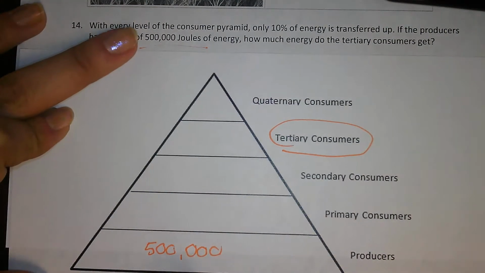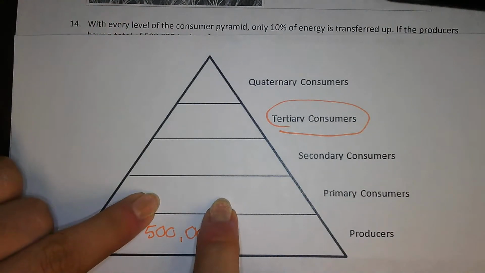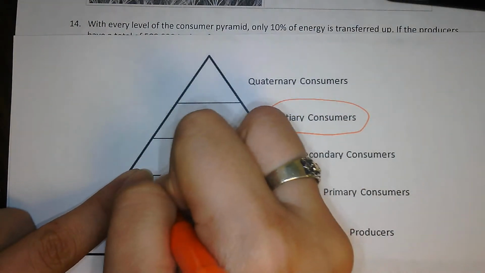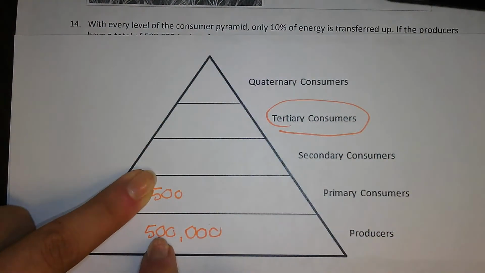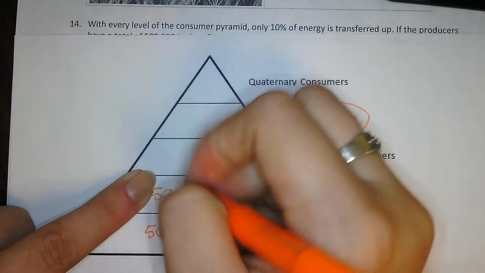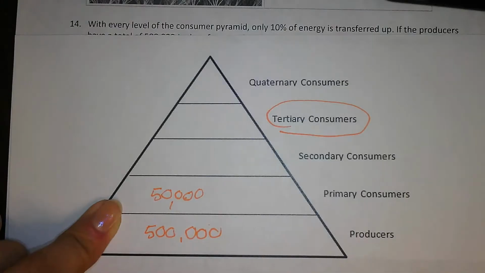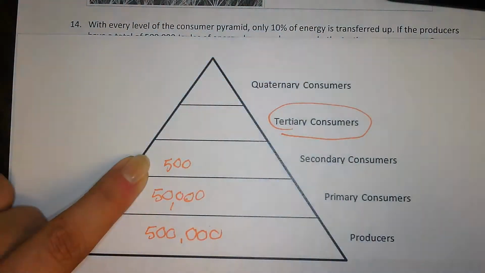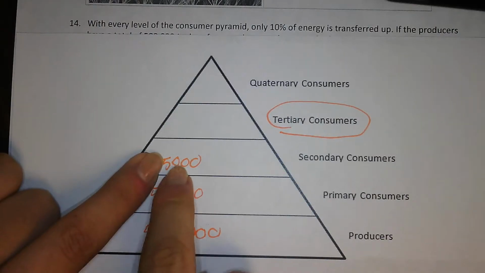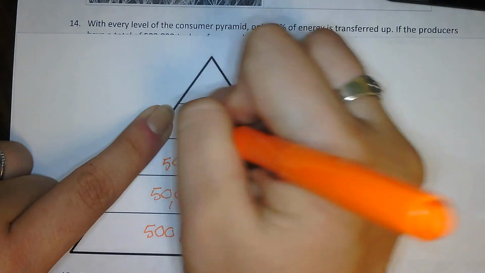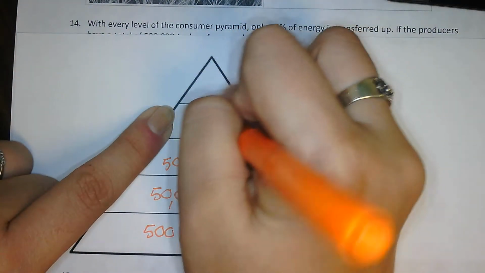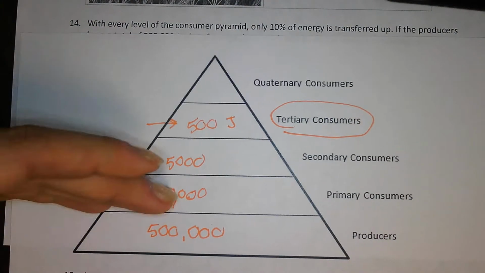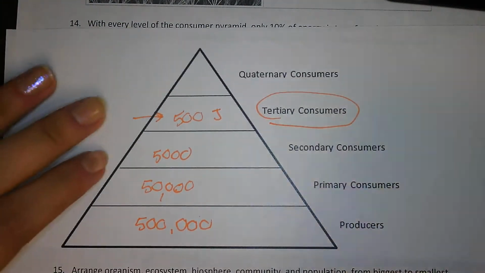So if only 10% of the energy is transferred up, we are going to delete a 0 as we move up. So this top one would have, instead of 1, 2, 3, 4, 5 zeros, it's actually going to have 4. And then instead of 4 zeros, we're actually going to have 3 up here. And instead of 3, we'll have 2. So your tertiary consumers are actually going to have 500 joules of energy, because you only transfer 10% up.